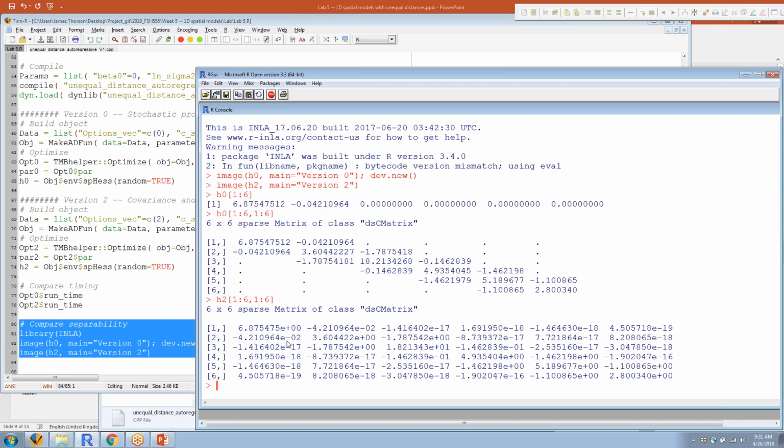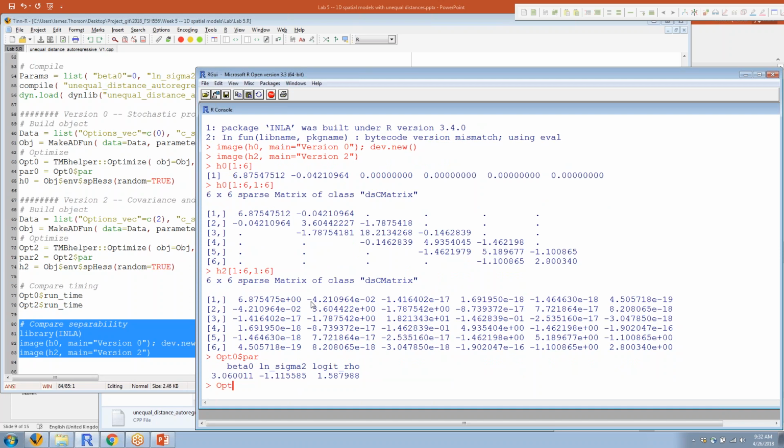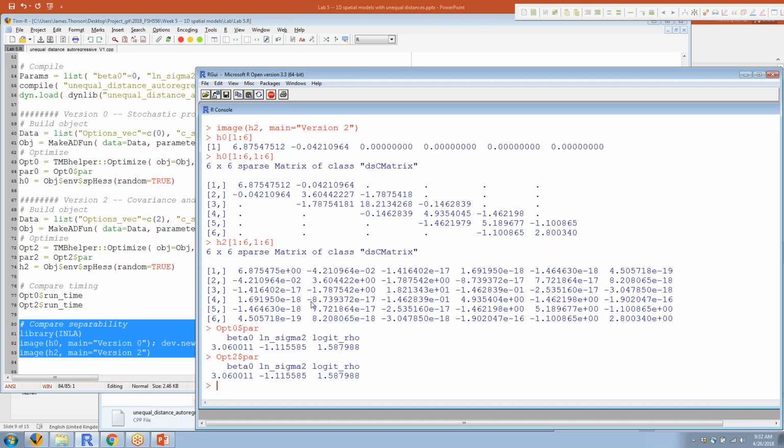All the off diagonals of the one that didn't detect sparseness are essentially at machine limit of 0, but it's just not correctly picking up that they're identically equal to 0. So the fact that this H2 is not correctly detecting sparseness is why it takes a lot longer to run. They do give identical answers to the 6th or 8th decimal place.